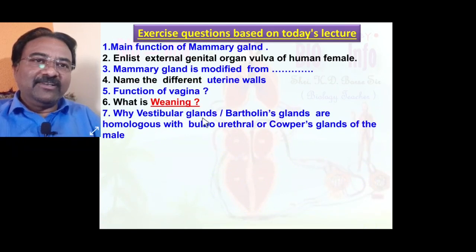Why are the vestibular or Bartholin glands homologous with the bulbourethral or Cowper's gland of the male? Because both glands secrete the same lubricating fluid.